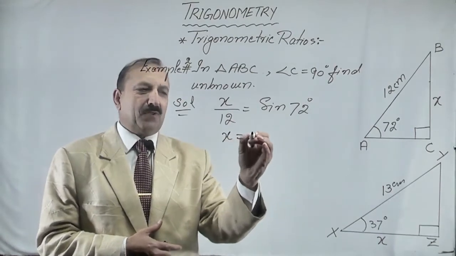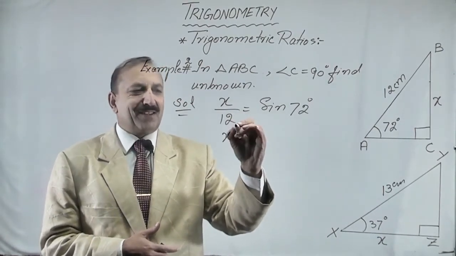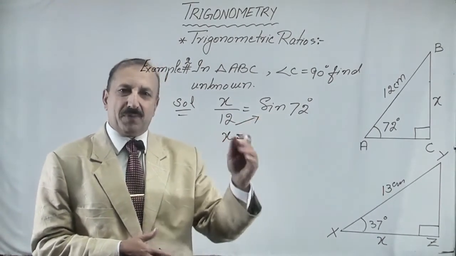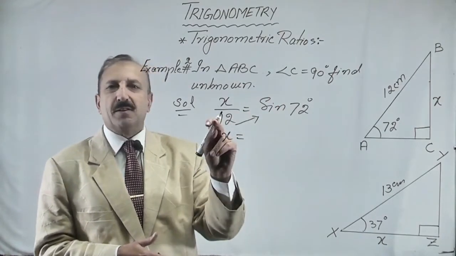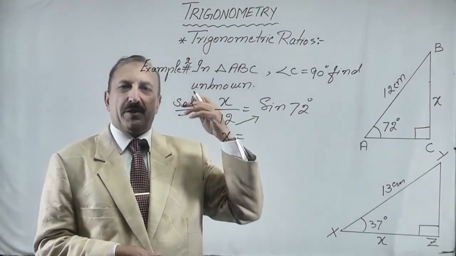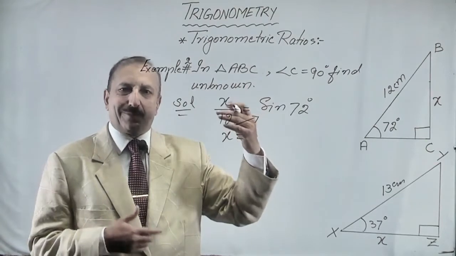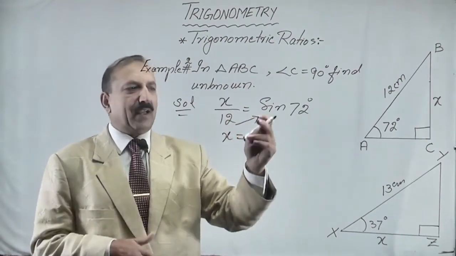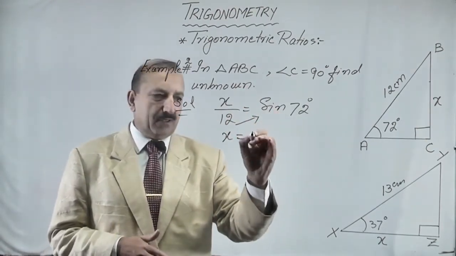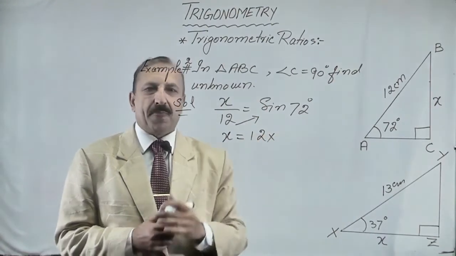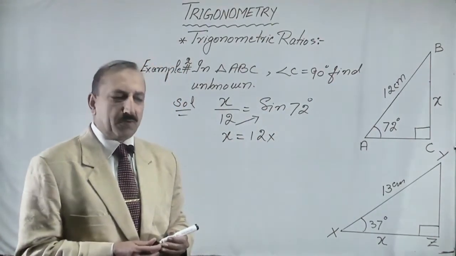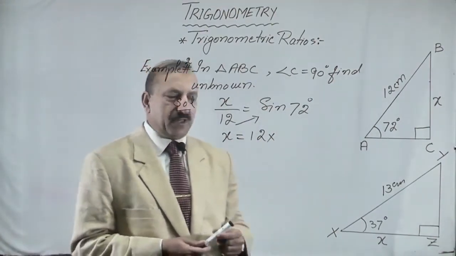So x will be equal to, let's cross multiply. This 12 is dividing here, and when it is transferred, its operation will be reciprocal and it will be multiplied. This is 12 times the value of sine 72.